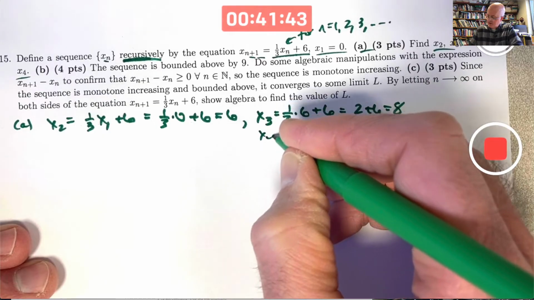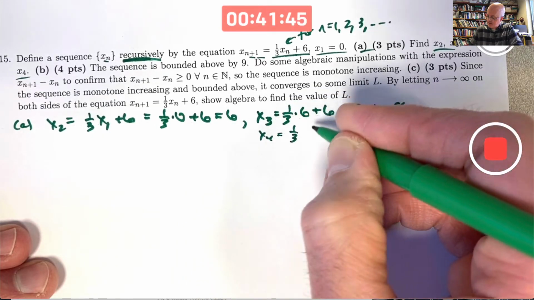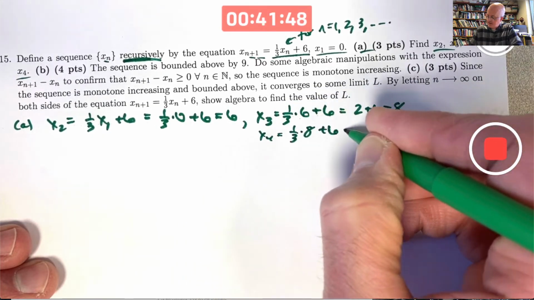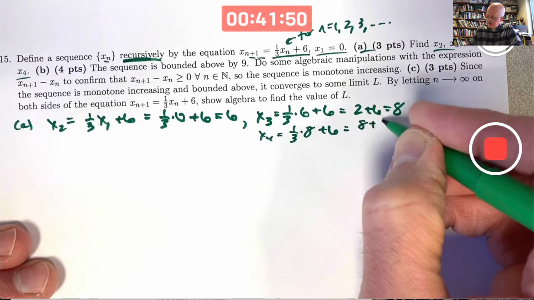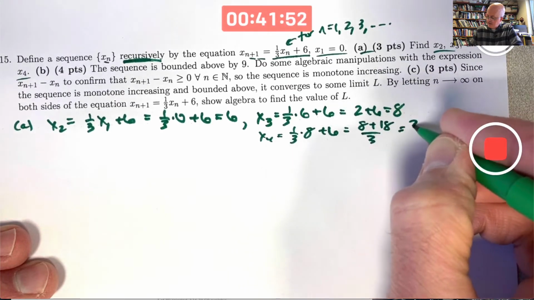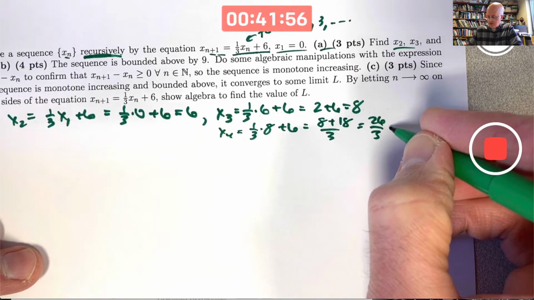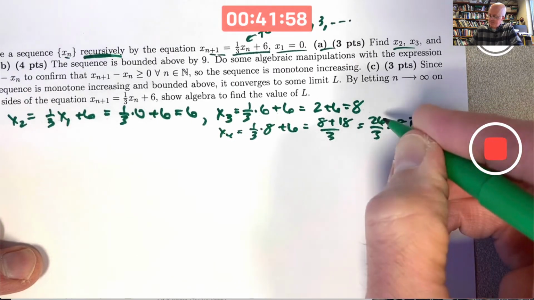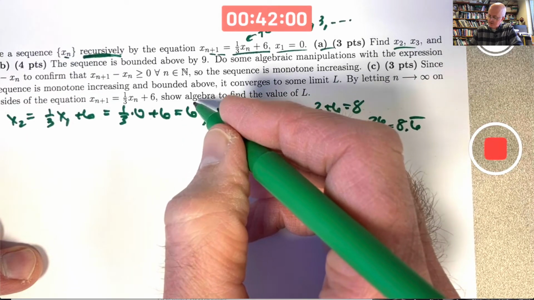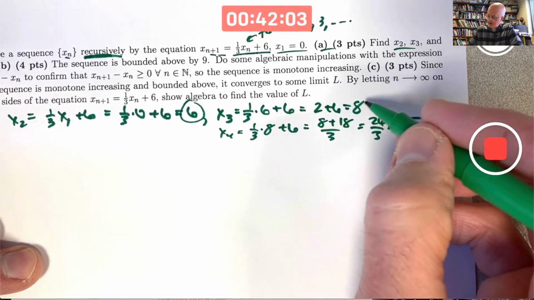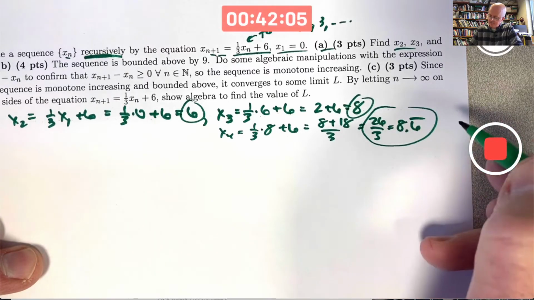And x4 is 1/3 times x3, which is 8, plus 6. That'll be 8 plus 18 all over 3, which is 26 over 3, or 8 and 2/3, 8.6 repeating. Okay, so those numbers are the values of x2, x3, and x4.